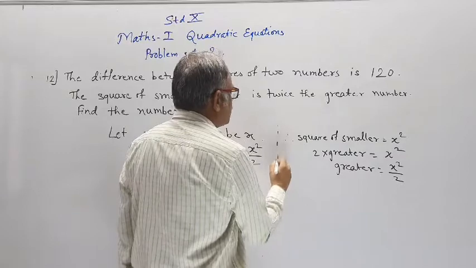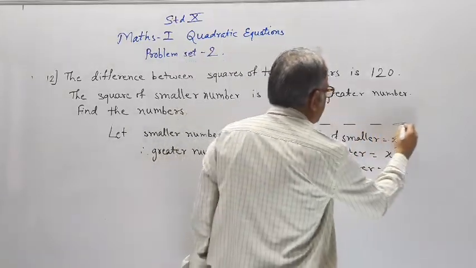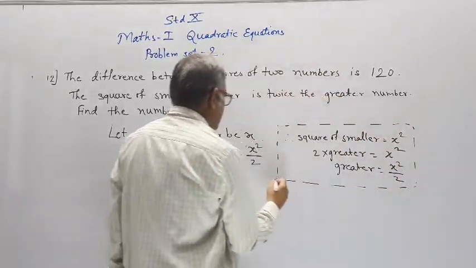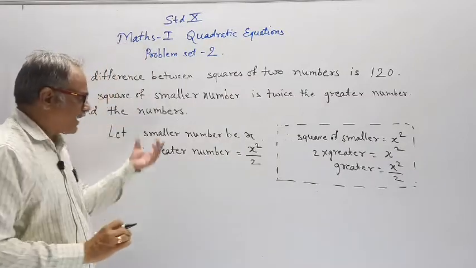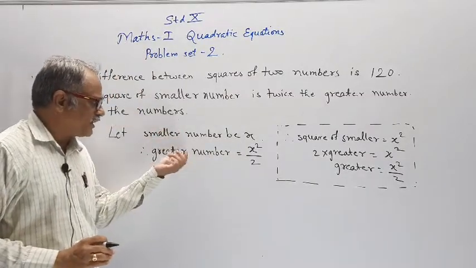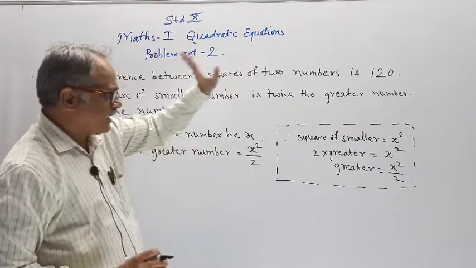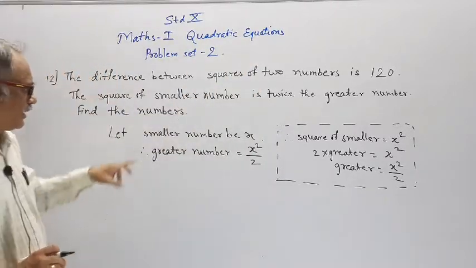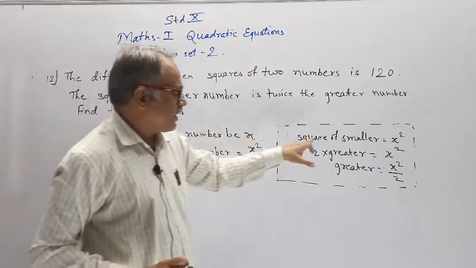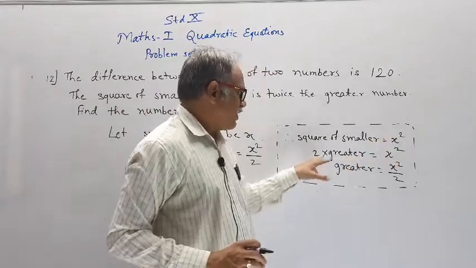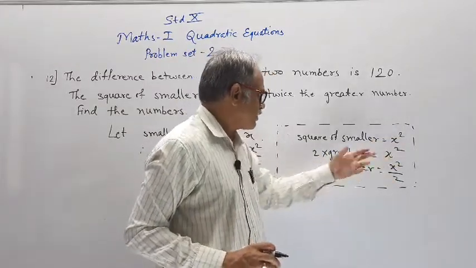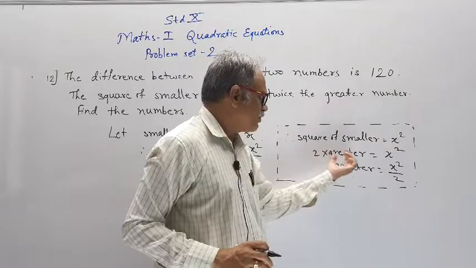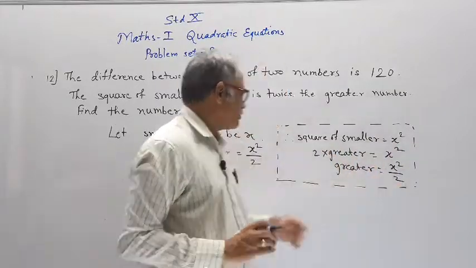This is the rough work, an explanation of how it comes. By practice you must be able to write this and then the next step. This should not be written in the final board exam. Smaller number x, because square of smaller is x square, twice greater is the square of smaller, so 2 into greater is x square, so greater is x square upon 2.